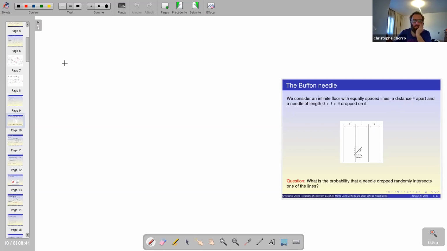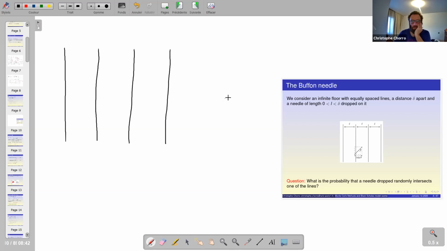So I suppose that I am in this situation. Suppose that my room is given by this one that I suppose to be big, very big, infinite even. So I have my floor this way, and so on, and so on this way.